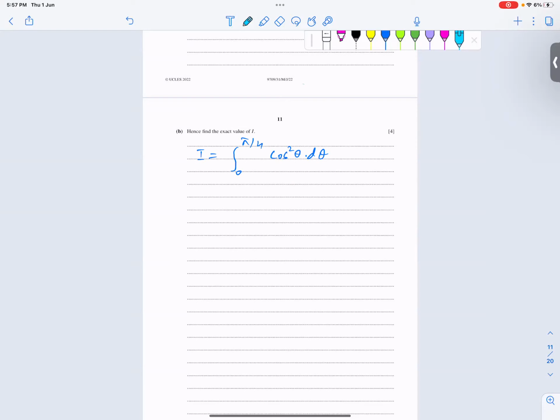Whenever there is sine square theta or cos square theta to integrate, you need this formula: sine square is 1 minus cos 2 theta over 2, and for cos square this will be 1 plus cos 2 theta over 2.